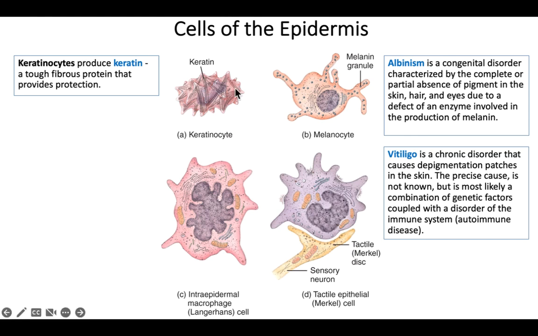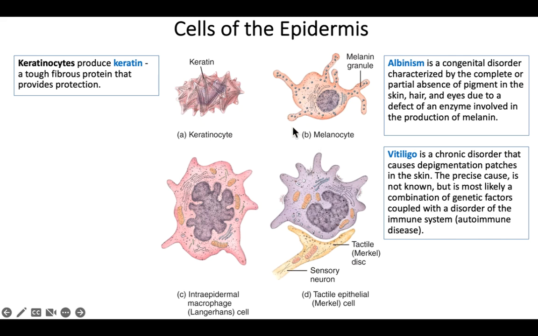So most of your epidermis are the keratinocytes. You're going to have some melanocytes because you've got to produce melanin. Melanin is the pigmentation that helps protect from UV light. And what's interesting, we're going to see on an upcoming slide, is these melanocytes will actually share the melanin with the keratinocytes because you want to be able to protect them as well.